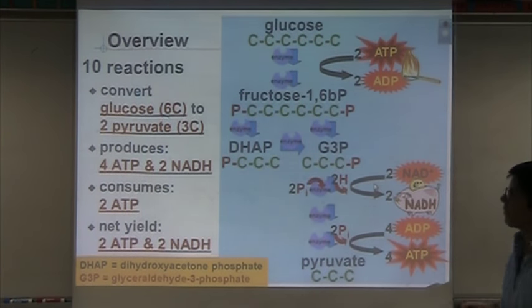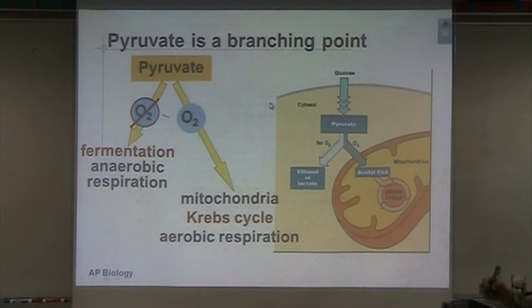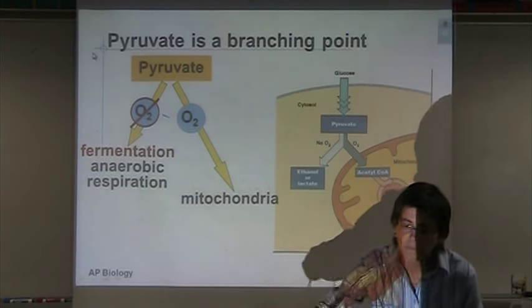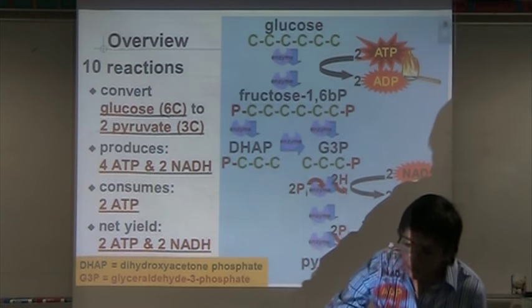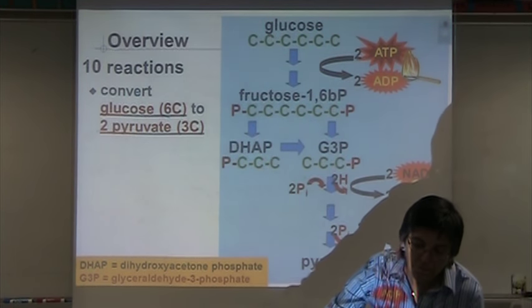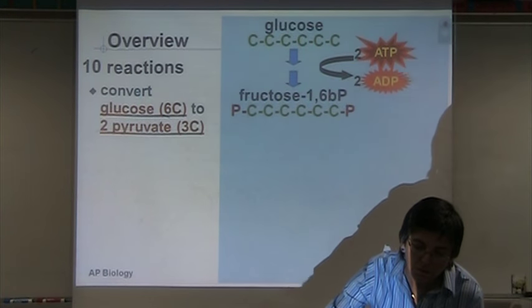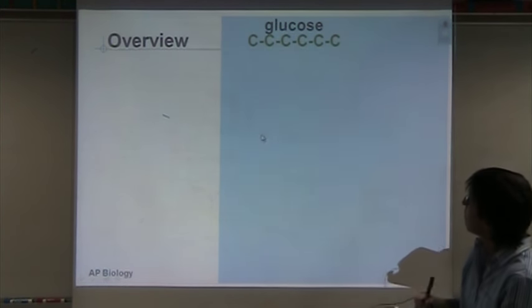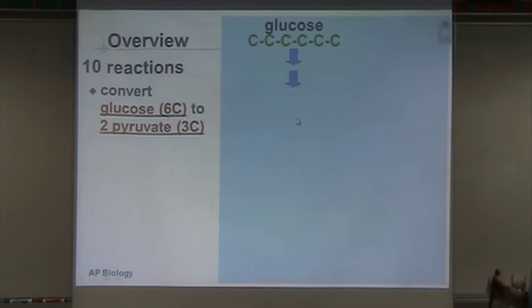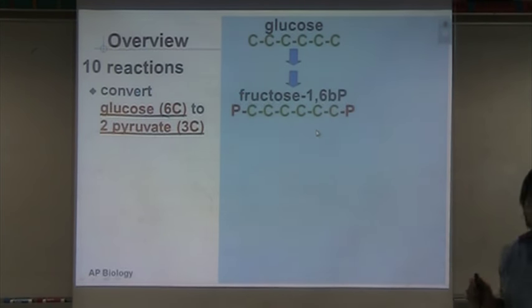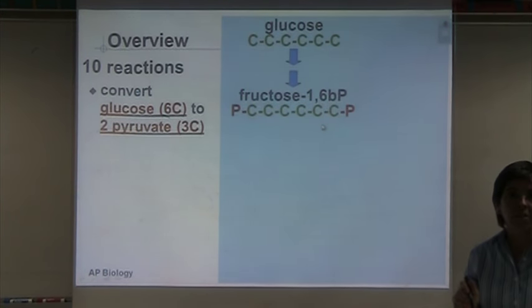Overview, just to refresh your mind. Remember that we start with glycolysis. We have glucose, 6 carbons. We are going to have a molecule of fructose 1,6-bisphosphate.